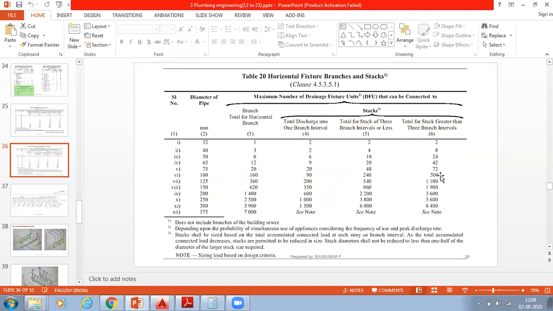For the vertical pipe, up to 500 fixture units you can connect. So that's why you don't need to change the diameter of the vertical pipe. And also for the 75 mm pipe, more than 3 branches means you can connect up to 72 fixture units.